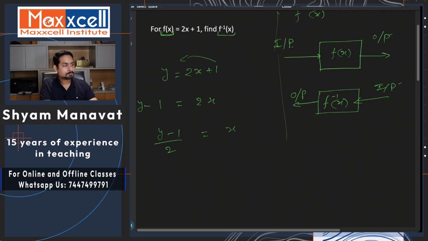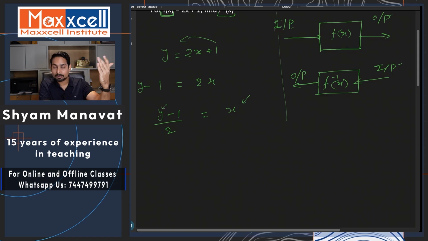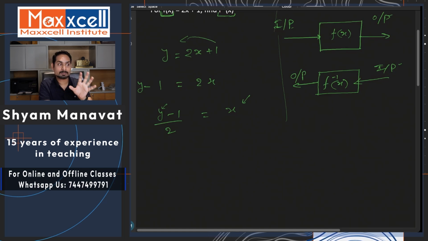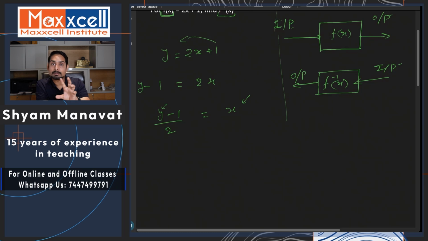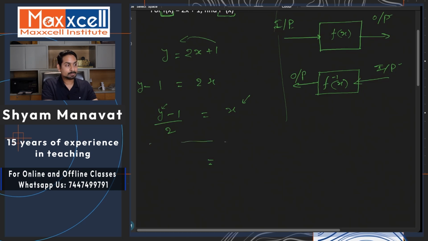It's easy. Now x, which was supposed to be an input, and y, which is the output of the original function: now we have this expression in terms of y. X is equal to an expression in terms of y, that is, input equal to an expression in terms of output. Now if you change this, you will get the inverse function. Don't get confused here, please pay attention.